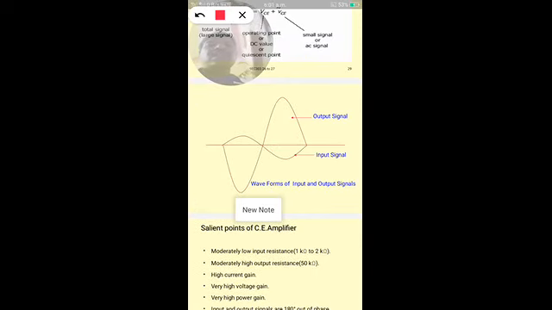So the output voltage is going to be a negative half cycle for the positive half cycle of the input. So there is a phase shift of 180 degrees between the input signal and the output signal. So this is the CE amplifier where we get a phase shift of 180 degrees between the input and output voltages.